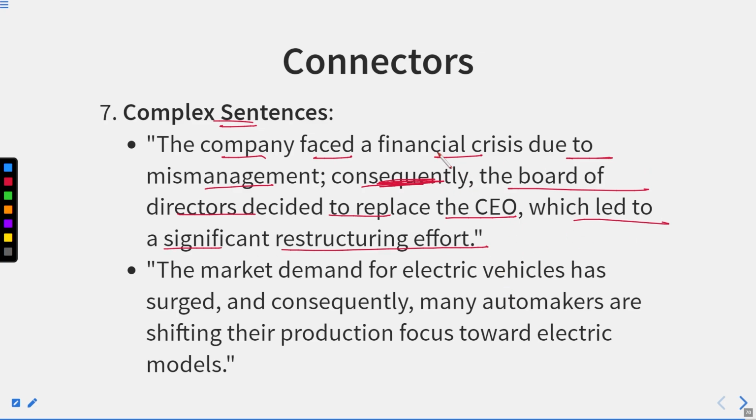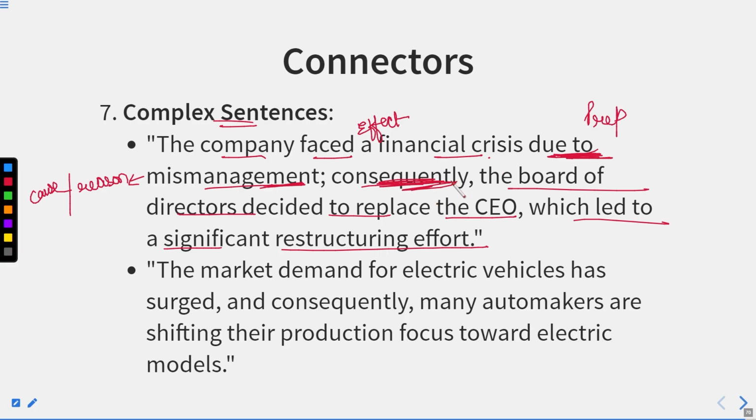Now, if you see the sentence, the company faced a financial crisis. Okay, so this is actually the effect. Now, after this, we can see due to, which is a preposition, followed by mismanagement, and this is the reason. So in this sentence we have one set of reason and effect, it means cause and effect. This is the cause, that is mismanagement, and this is the preposition.